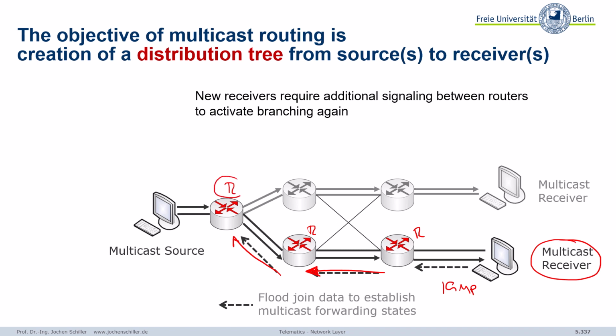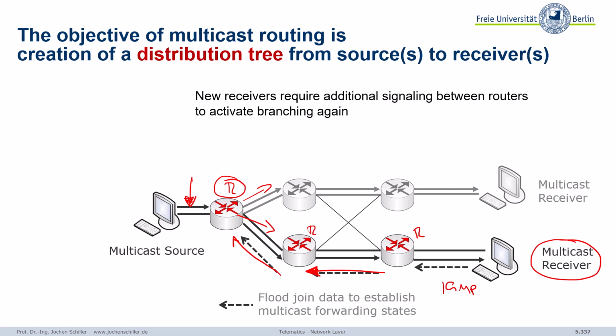And this router here finally says, well, I'm forwarding this anyway, okay, then I duplicate and forward this also to you. That's the idea. But we don't have to send data twice over this very first link, or 1,000,000 times. So that's the very basic idea of how to create this distribution tree. So new receivers require some additional signaling, as we will see, between the routers to activate this branching.